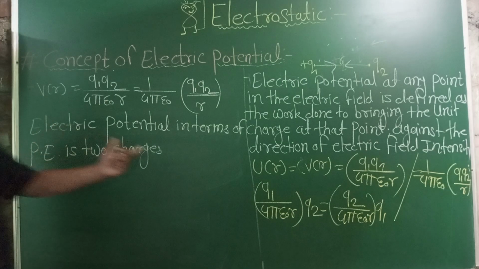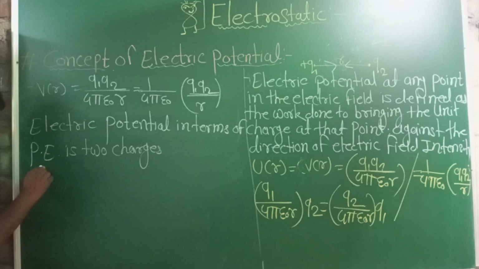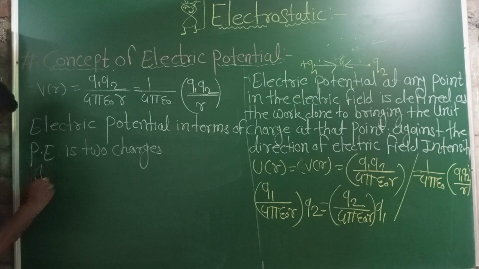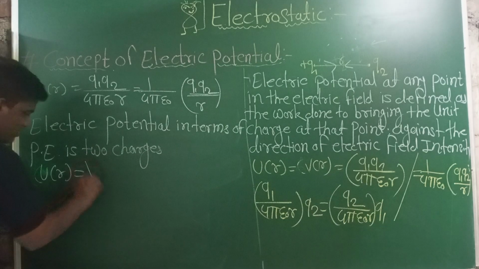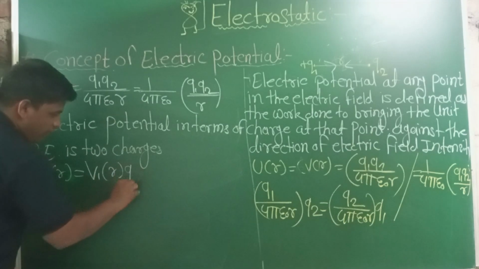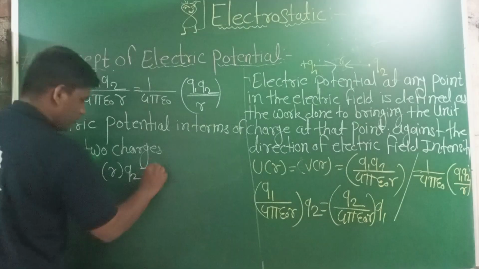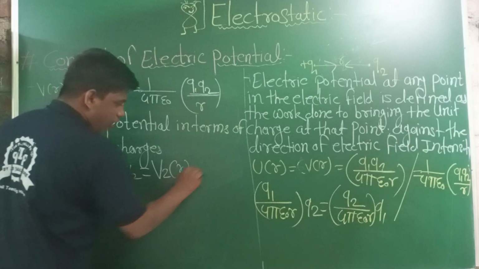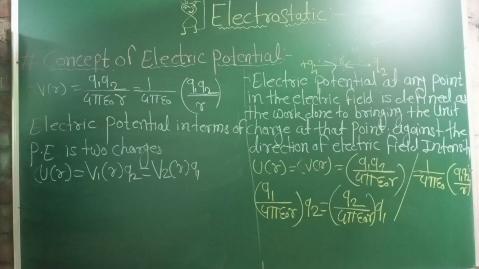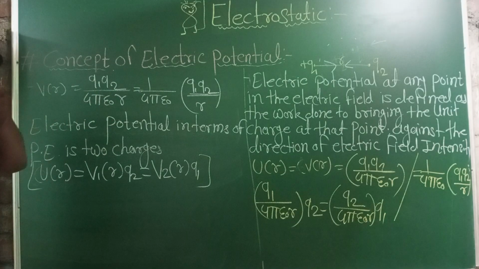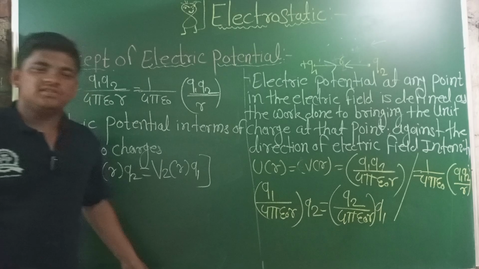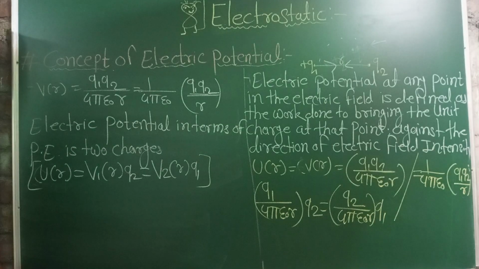Then U of R is equal to V1 R of Q2, which must also be equal to V2 R of Q1. This is important for solving numericals in the future when we discuss CET, NEET, JEE examples.